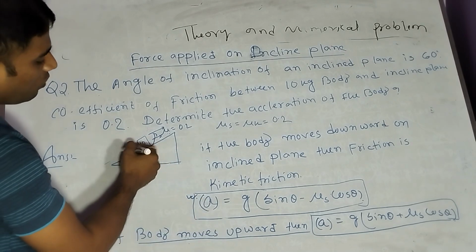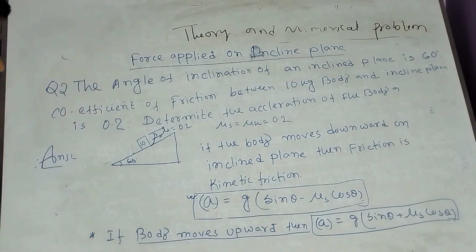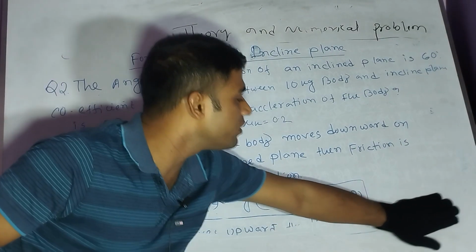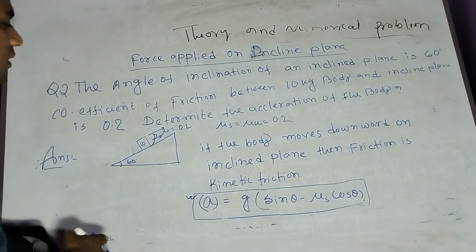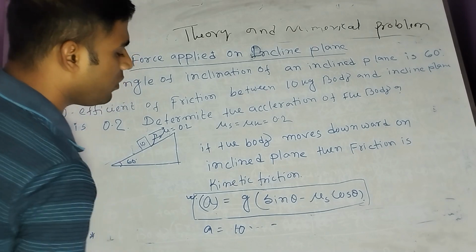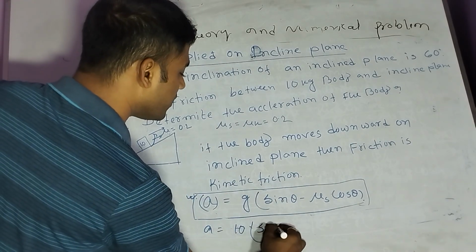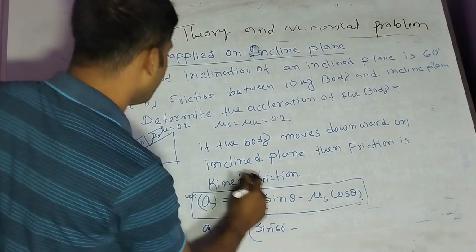For kinetic friction with downward motion, the acceleration is g sin theta minus mu s cos theta. So apply the data in this equation: a is equal to g, the g value 10 meters per second squared, times sin 60 degrees, minus mu s.